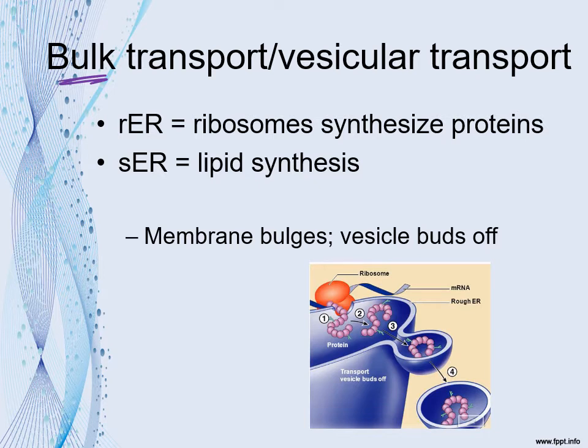We're going to do that by making some vesicles. We're going to need both rough ER and smooth ER. The rough ER has those bound ribosomes, so we're going to make some proteins. And the smooth ER is going to make some lipids for us. We always need more membrane in order to make vesicles, because vesicles are formed from membranes.